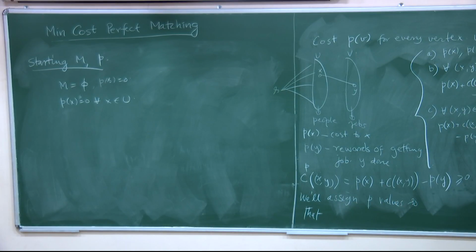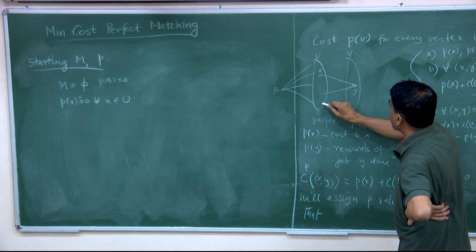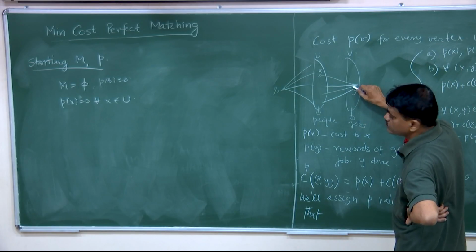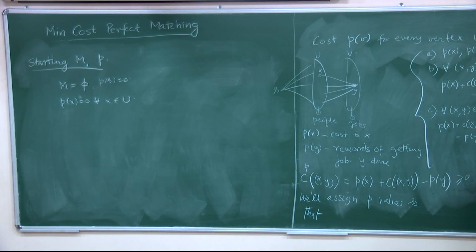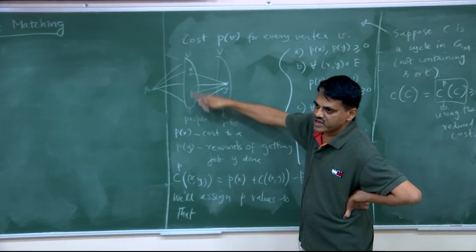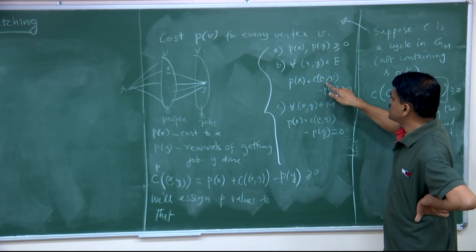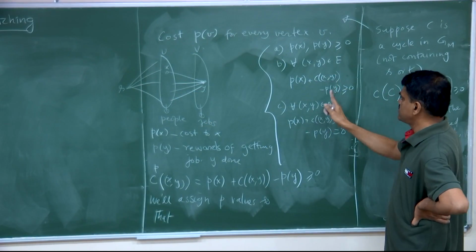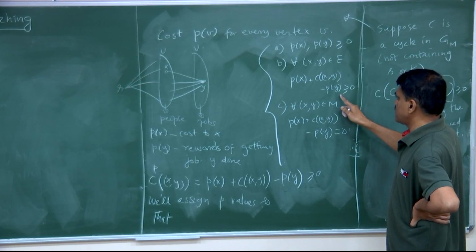But now let's see, how do I assign P of y? What does this mean? That y has a lot of edges coming in, right? This condition tells me that for every edge, P of x, which is all 0 anyway, I have assigned them, plus the cost of that edge is greater than or equal to P of y.